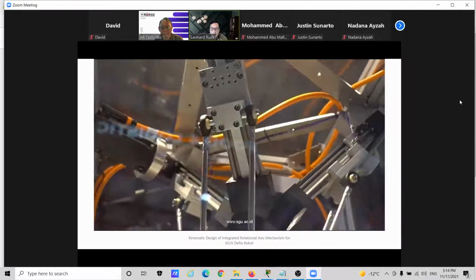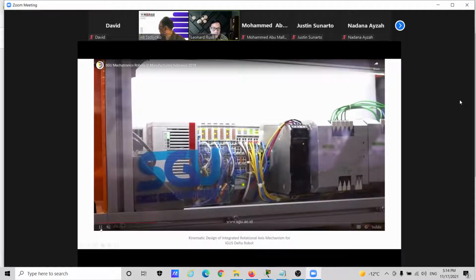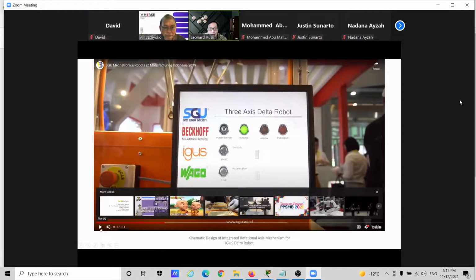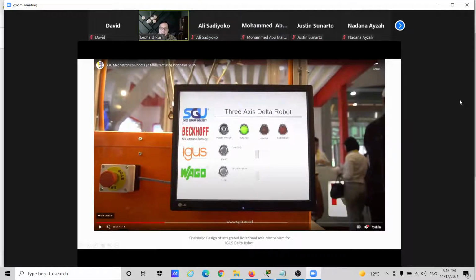They sell bushings for machines, and because there is a need for the controls, they only sell the mechanical frame and the mechanism for the Delta robot. There is a need for the electrical actuator and also the control software. That's why we formed a cooperation between SGU, Beckhoff, and IGUS. The actuators are supplied by Beckhoff, and the control software is supplied by SGU.